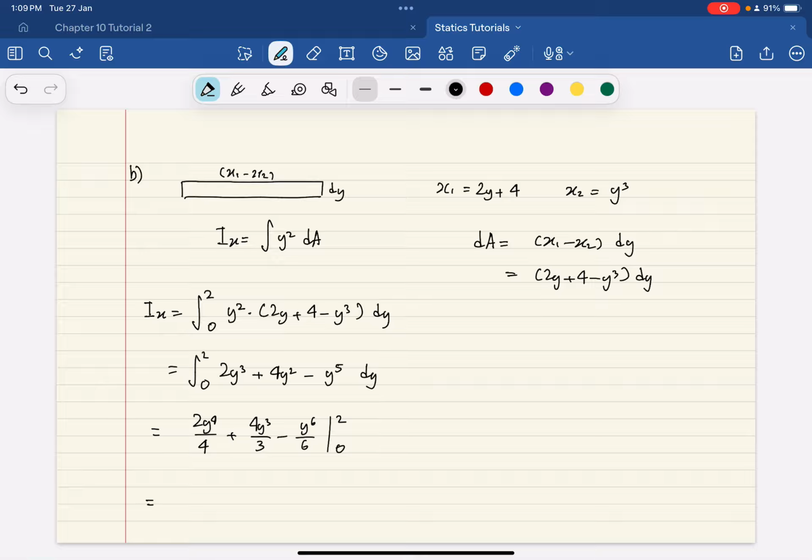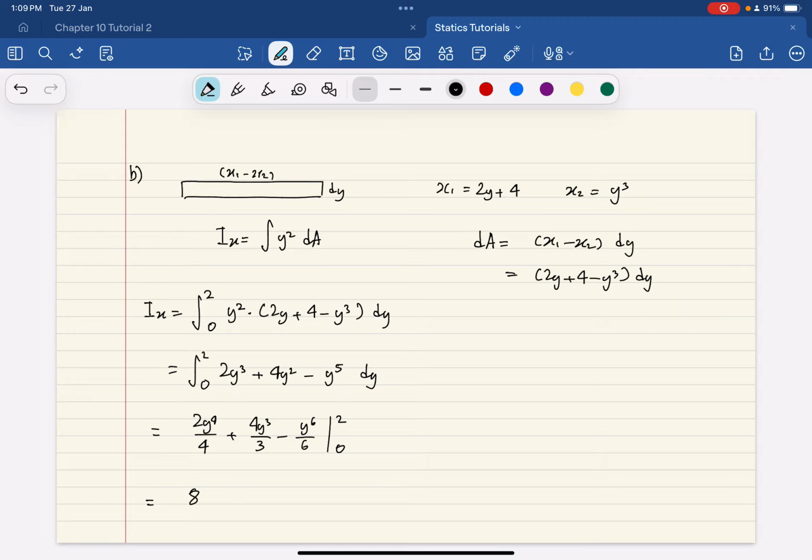Okay, and we just substitute it in as normal, so it becomes 2 times 2 to the power 4 over 4 plus 4 over 3 times 2 cubed minus 2 to the power of 6 over 6. So here the answer is 8.